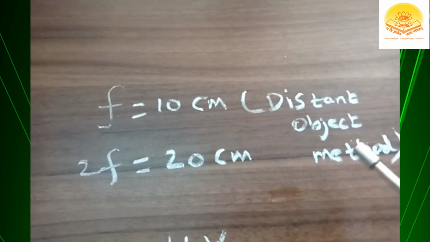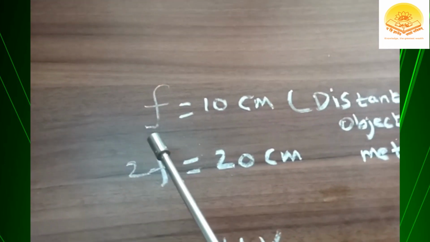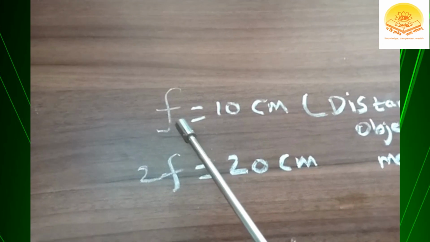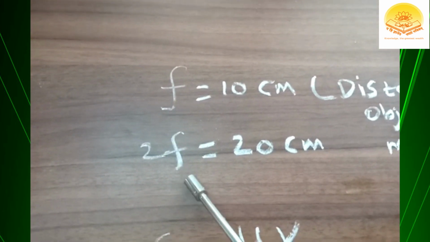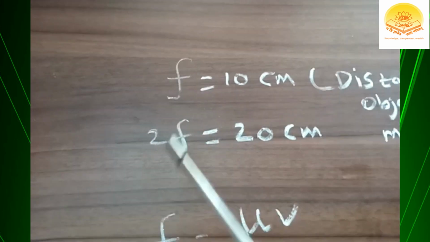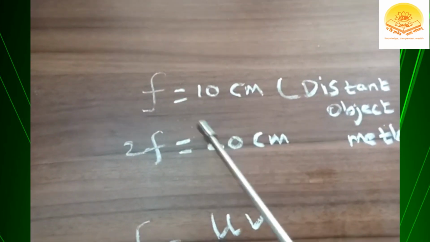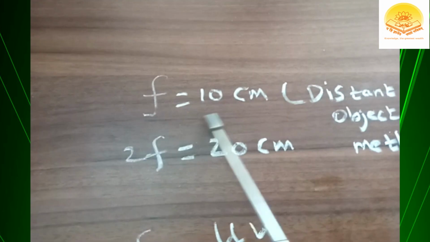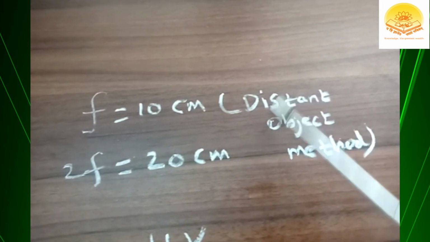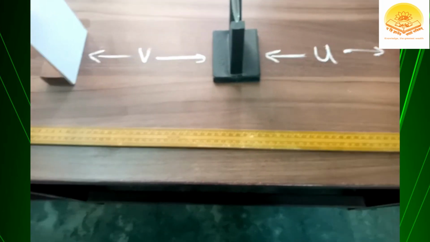The focal length is denoted by the letter small f. Then we find out 2f also. 2f means multiplying f by 2, that is 20 centimeter. Now this is the basic or fundamental value obtained from the distance object method.